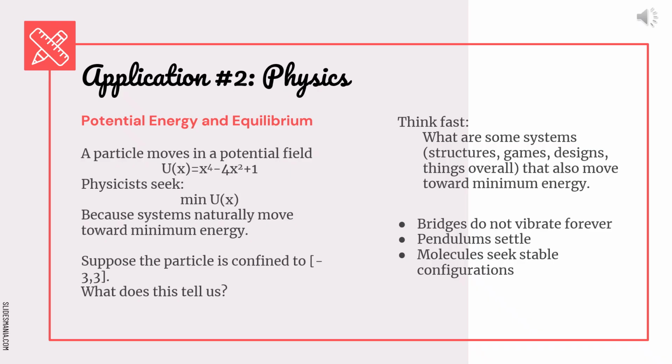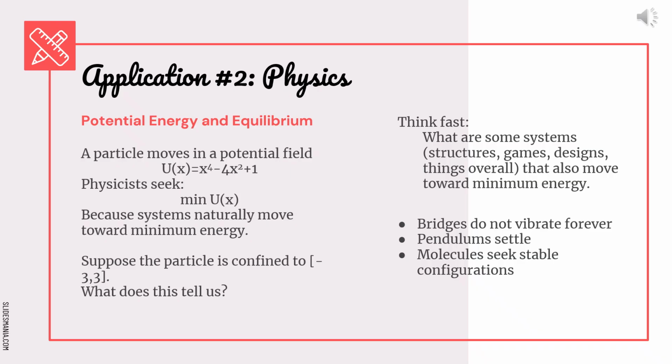What does this tell us? Let's think fast. What are some systems, structures, games, designs, or anything overall that also move towards minimum energy? Pause the video. Now, bridges do not vibrate forever. That's an example.